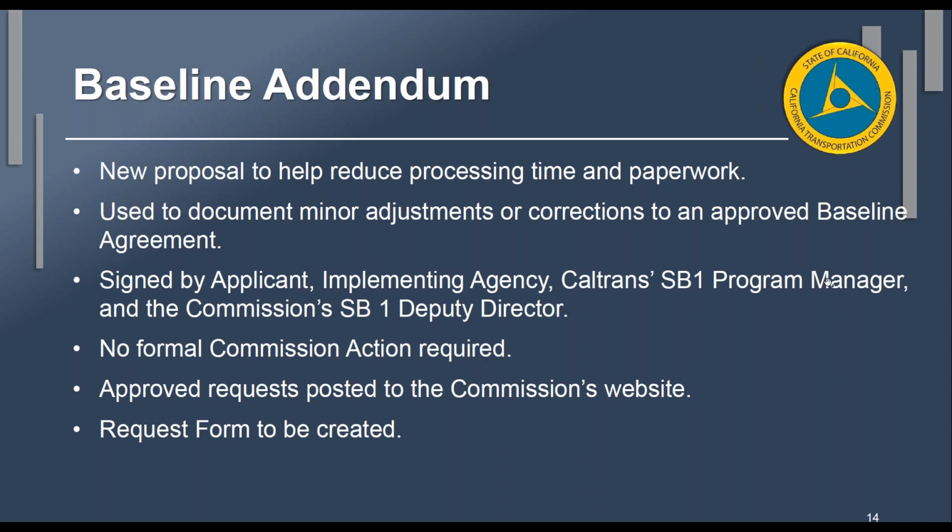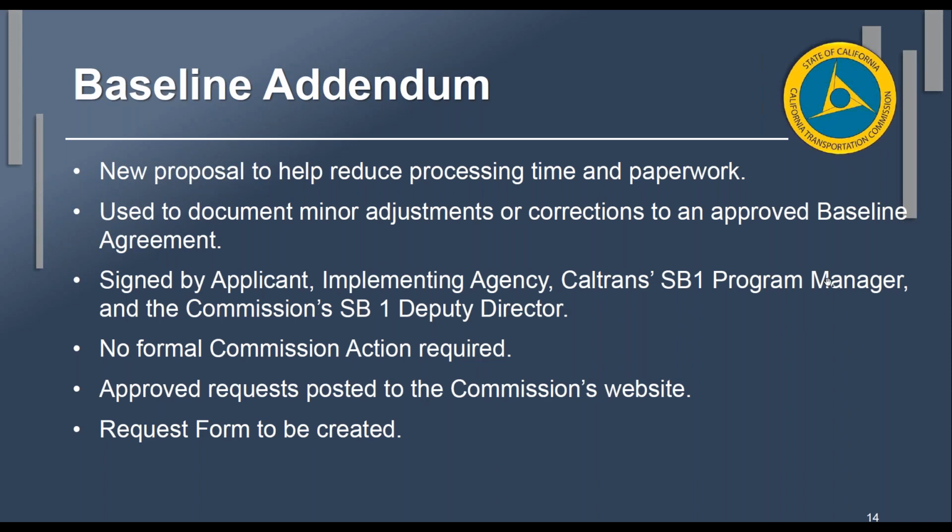So our baseline agreement amendment process is a formal commission voted action to ultimately replace the existing baseline agreement with the amended version. We are not changing the sanctity or the importance of a baseline agreement amendment.